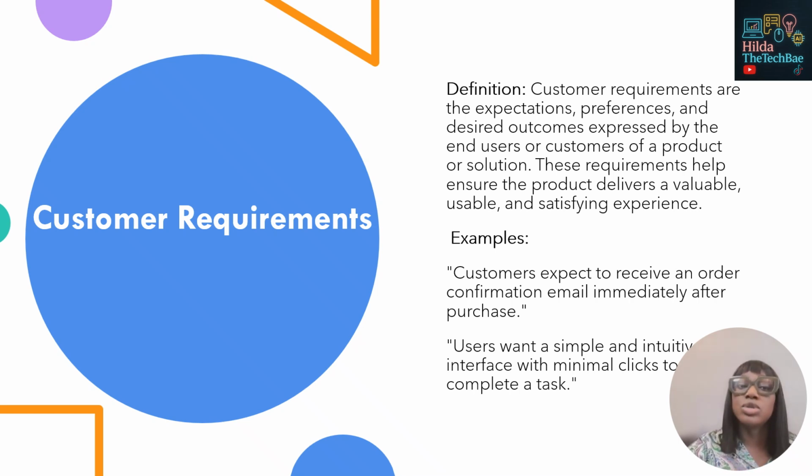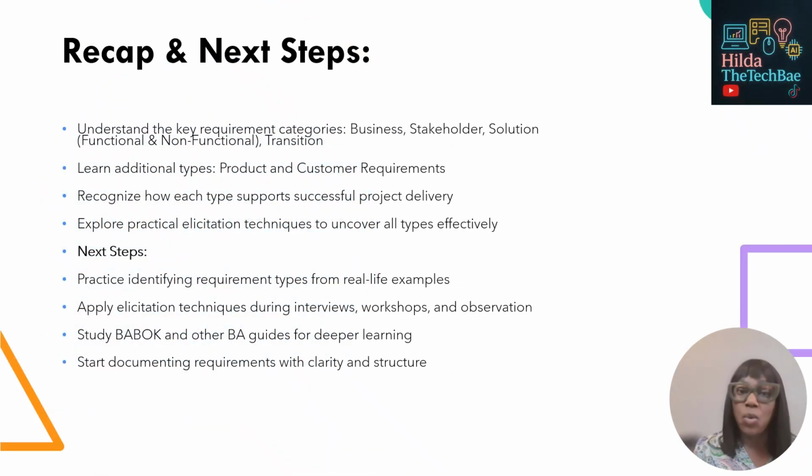So now that we have covered both the product and customer angles, let's go over some helpful techniques to gather these different types of requirements effectively to help you on your business analyst journey. Let's break down what we have learned so far. First, we explored the core categories of requirements: business requirements, stakeholder requirements, solution requirements, transition requirements.